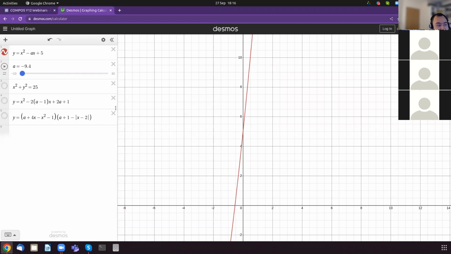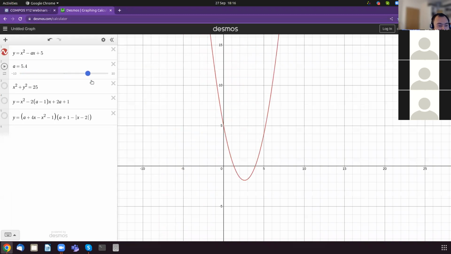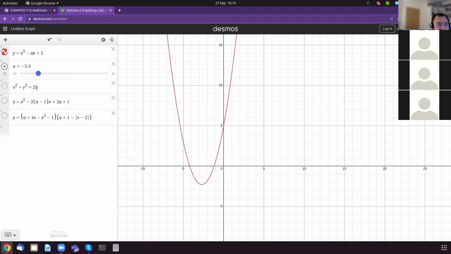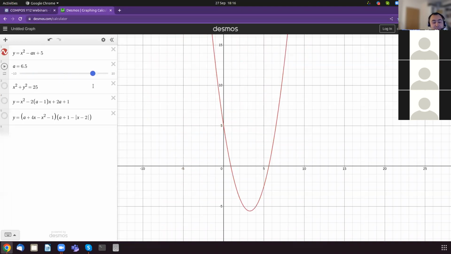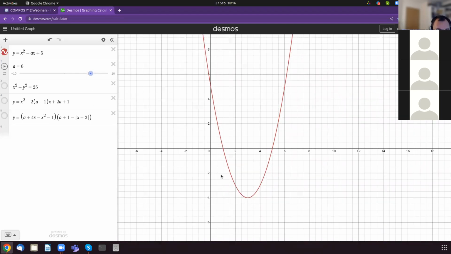When I change a, the parabola shifts. I change a, and that causes the parabola to change. At some point, it will pass through a few points. For example, when a is 6, the vertex is a distance of 5 away.